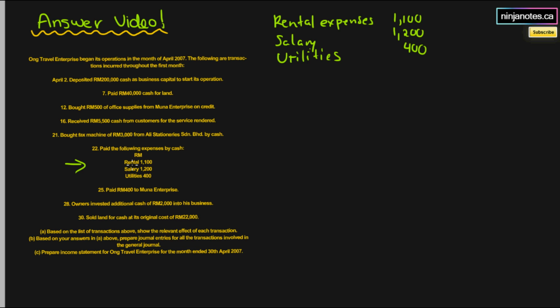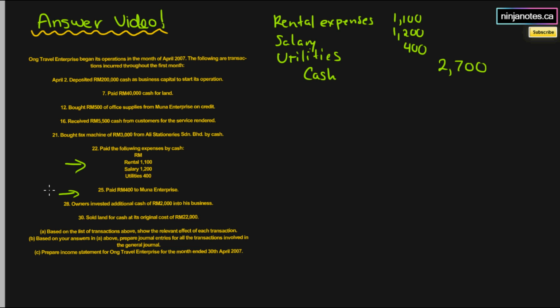We've used up our rent for the month by renting it for the entire month. We've used salaries of our workers, and we have to pay for utilities because we also used electricity and other things for the month. And we're paying for them in cash. So if you add these up, 1,100, 1,200, and 400, that should get you 2,700, and that's going to be credited to cash since we're losing cash.